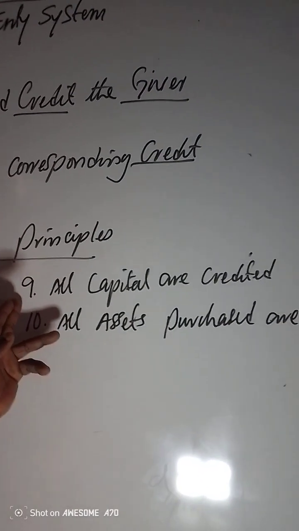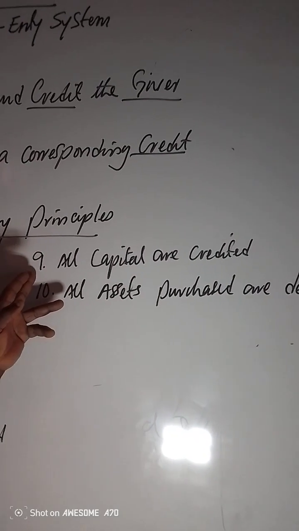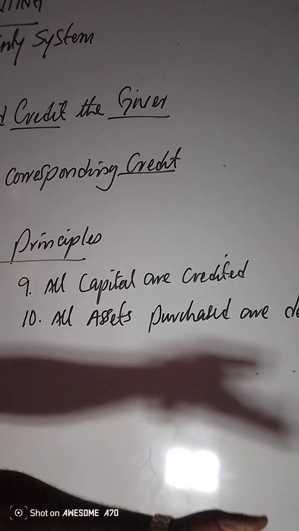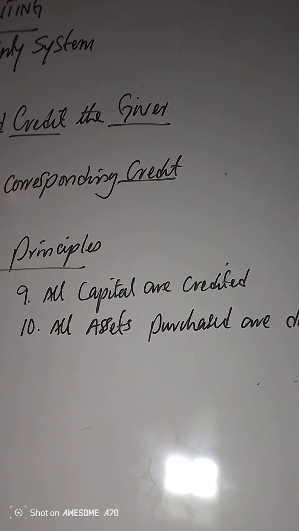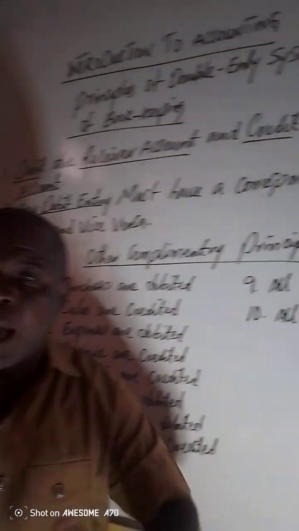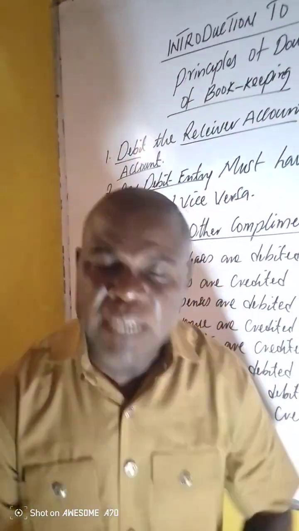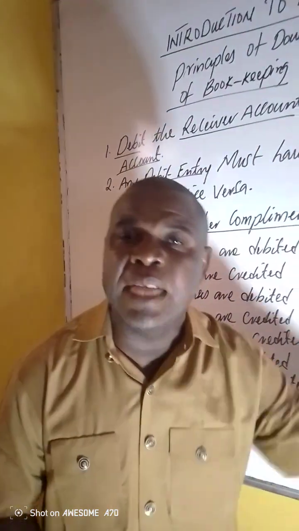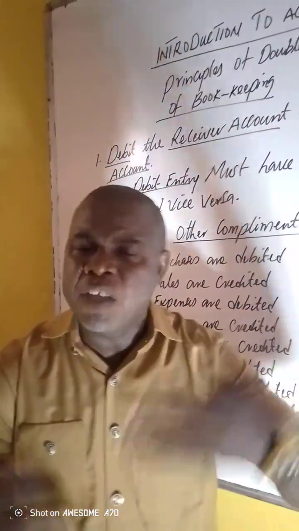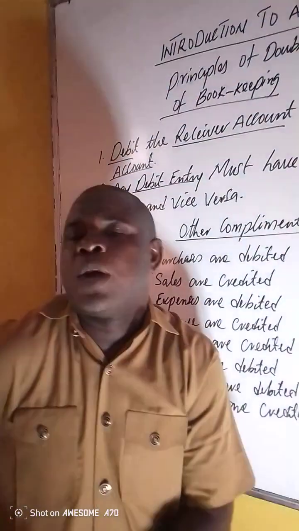Then we say that all capital is credited. Capital is the amount that the owner uses in starting the business. Going by this principle, capital must be given. The main meaning of capital is the amount that the business used in starting business. It can be cash, it can be money in the bank, it can even be assets. You can use a motor vehicle that originally was your private motor vehicle.